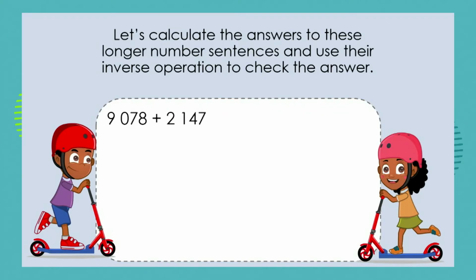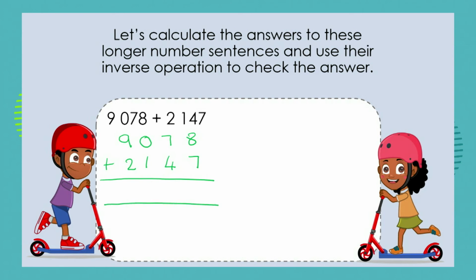So we have 9,078 plus 2,147. Let's line these up. 9,000, 0 hundreds, 7 tens, 8 units, plus 2,000s, 100, 4 tens, 7 units.